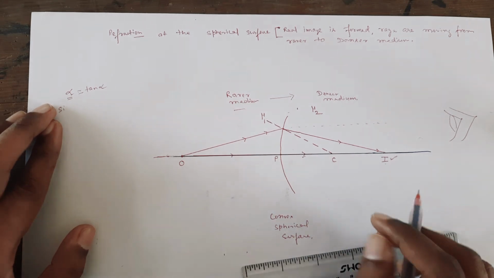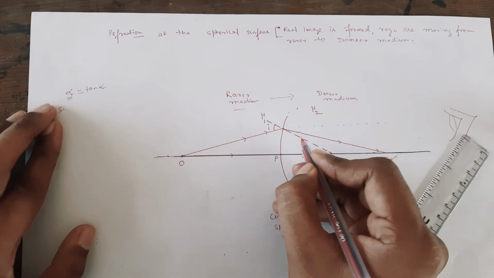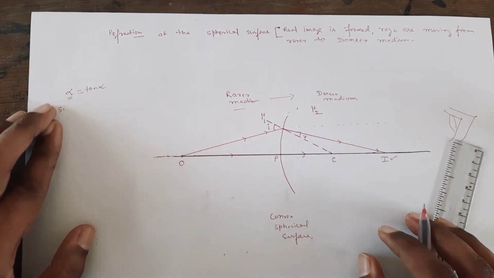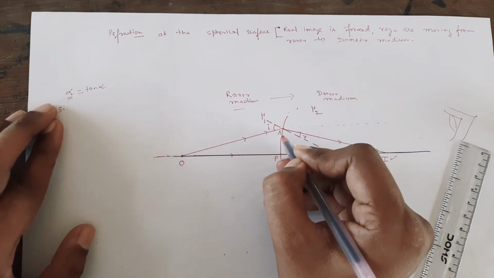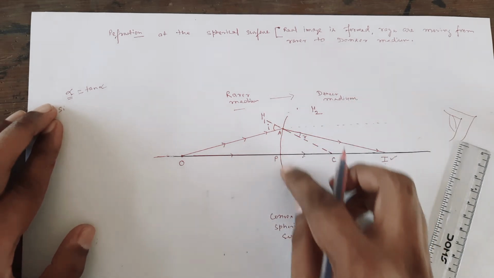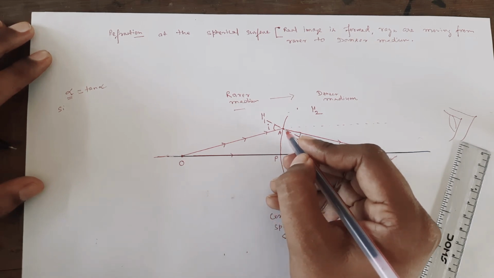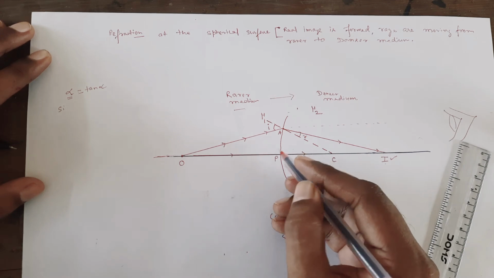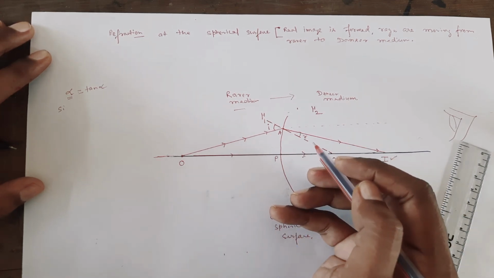So let's start. Here the angle of incidence, let us suppose, is I, and the angle of refraction is R. I and R are very small because the point A, where this incident ray meets the spherical surface, is very close to the point B, and that's why the angles I and R will also be very small.